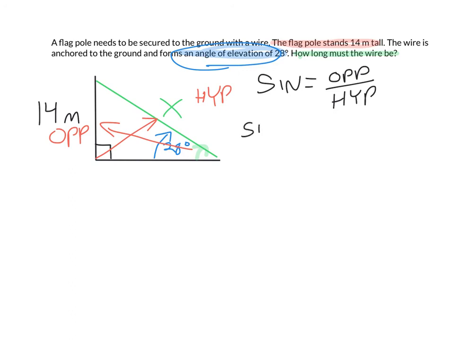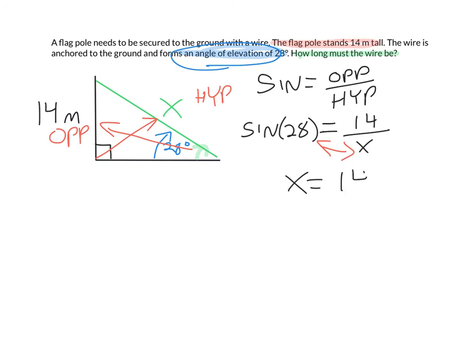The sine of 28 degrees is going to be found from 14 meters over our unknown. Based on what we reviewed yesterday, we'll switch these two and isolate for x. So x will be equal to 14 divided by sine 28.